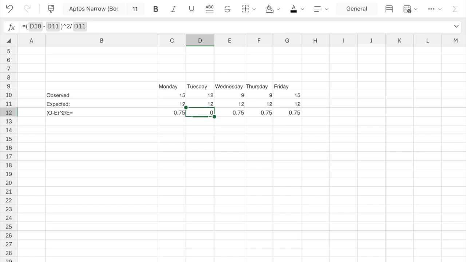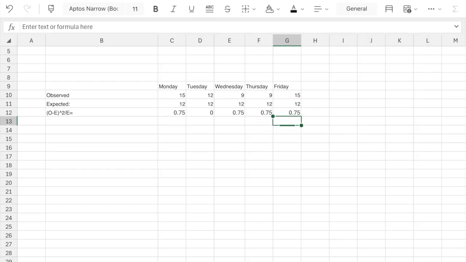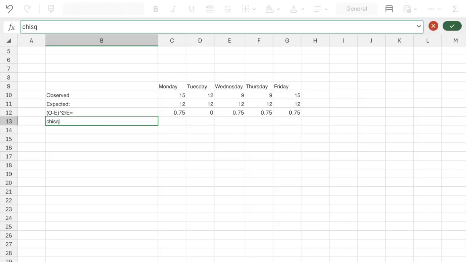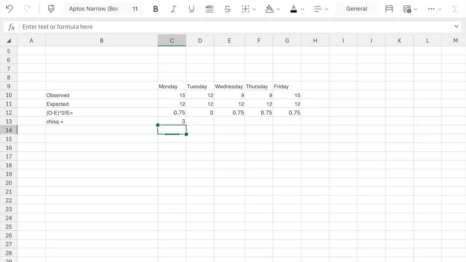And so that's 0. All these other ones, there was a discrepancy. See? All right, now chi-squared is equal to the sum of these values. And that's it. That's our test statistic right there.